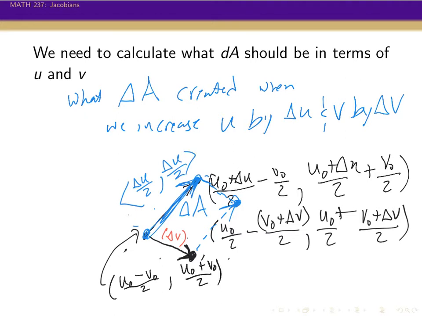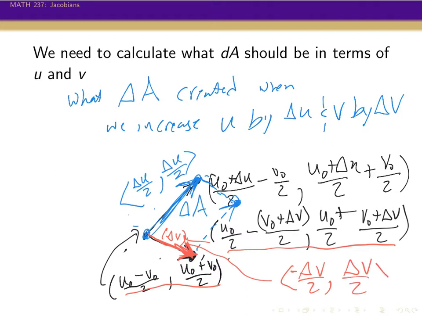On the other hand, what is this vector right here? Again, if I take this point and subtract off that point, that vector is going to be minus delta v over 2, positive delta v over 2.